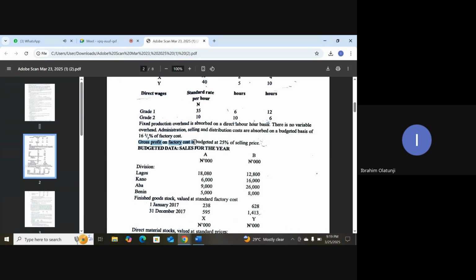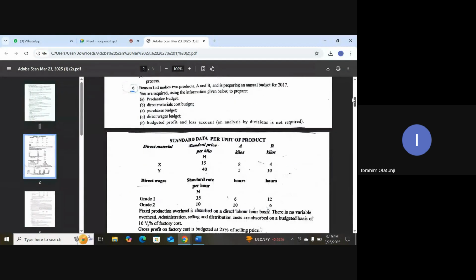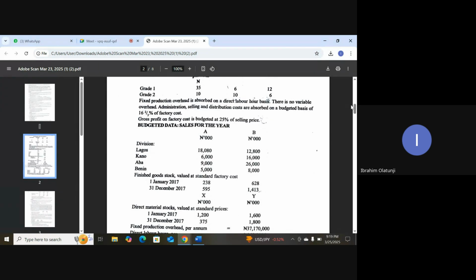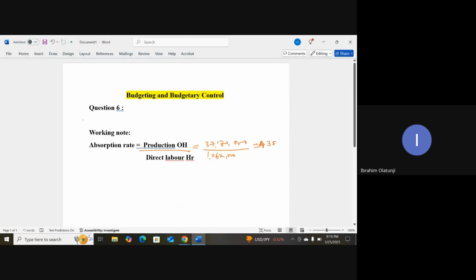If there is no selling price in the question, we automatically need to calculate our selling price. And I think the last time, when we were looking at this question, we said there is no selling price, but as a result we can look into our standard cost card.